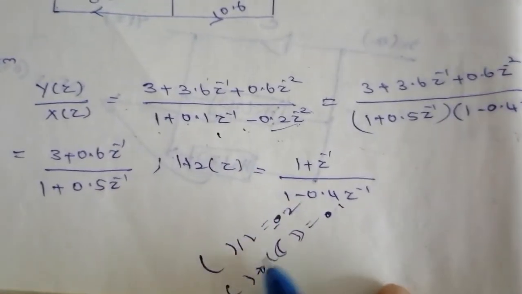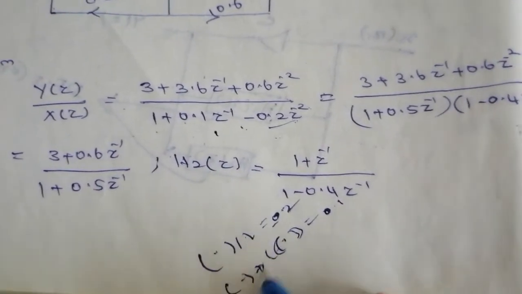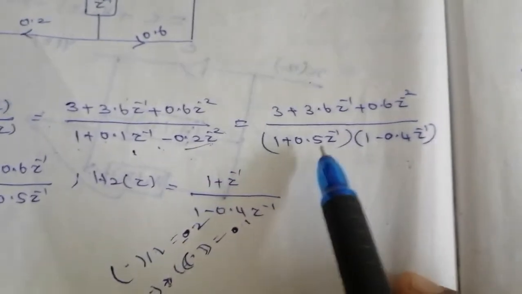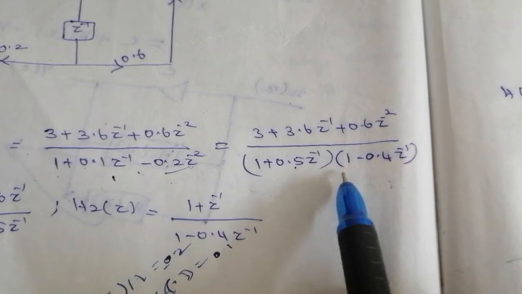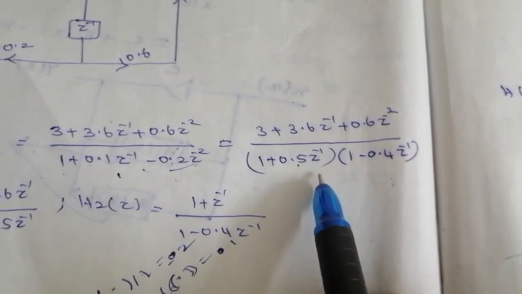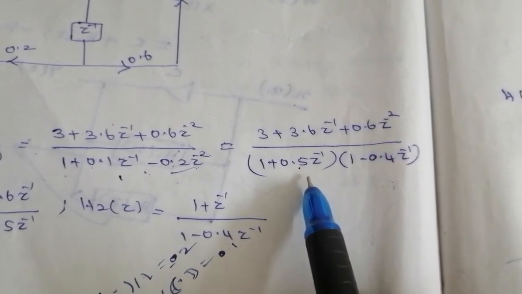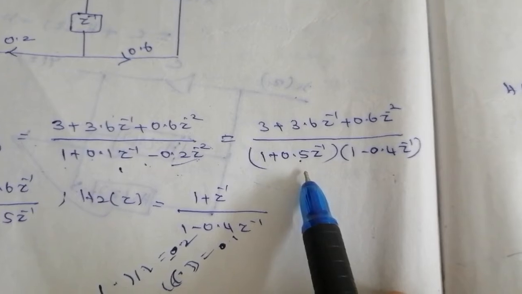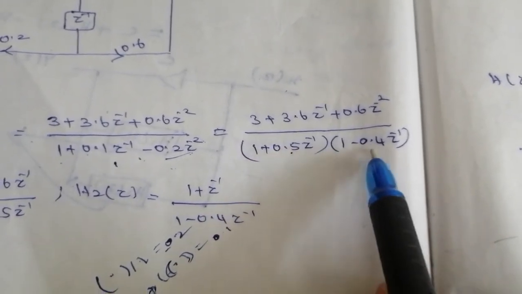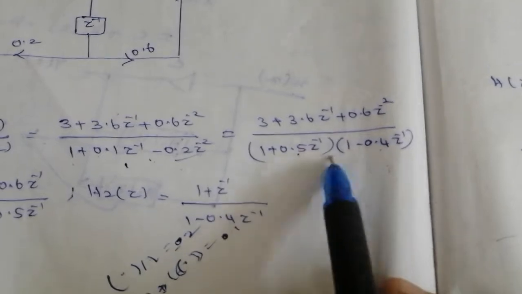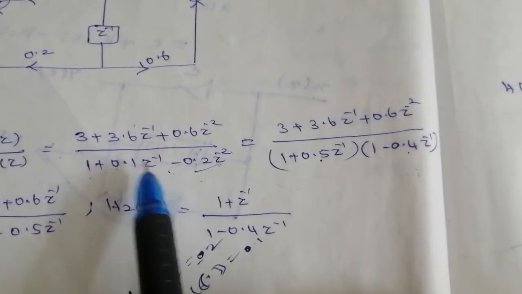So in that condition, the two poles are nothing but 0.5 and minus 0.4, right? So 1 plus 0.5 z power minus 1 into 1 minus 0.4 z power minus 1. Now multiply these two terms, we get this value.